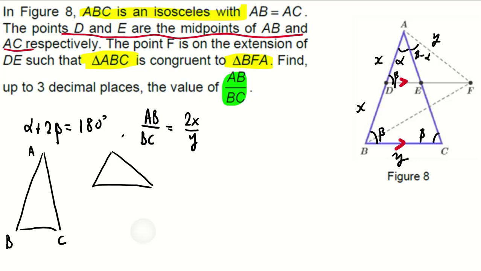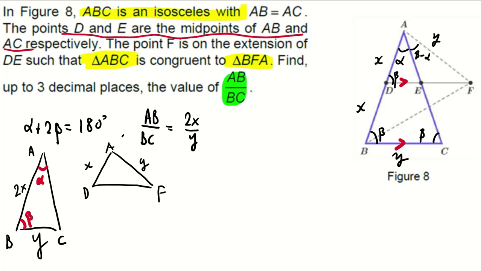So we may draw this again for the triangle ABC and the triangle ADF. For ABC, AB is equal to 2X, BC equals Y. For ADF, AD is equal to X, and AF equals Y. When we look at the angle A here, it is alpha, and angle B is beta.